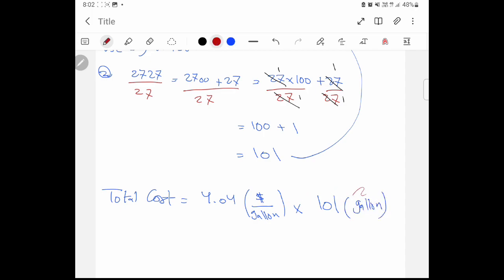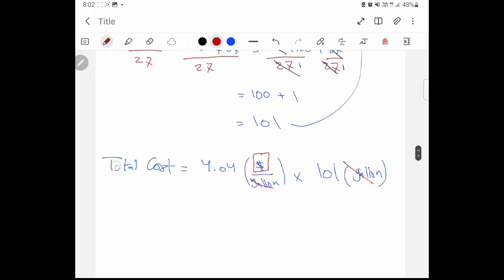So you can see that the unit in the numerator cancels out with the unit of the denominator, and we are left with the unit of dollar, which is the total cost.